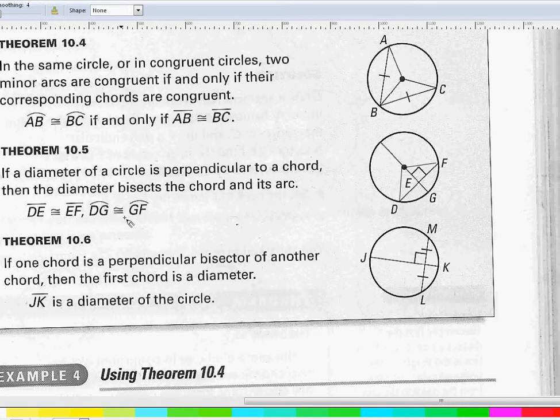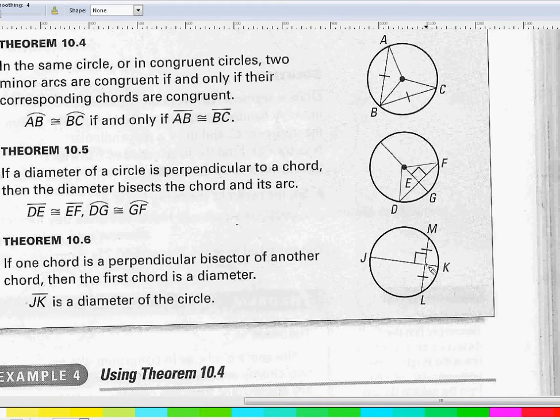So that leaves us with just Theorem 10.6 to prove. And Theorem 10.6 states that if one chord is a perpendicular bisector of another chord, then the first chord is a diameter. Rather than clutter up this drawing, I'm going to give you a rational explanation for why this is the case.